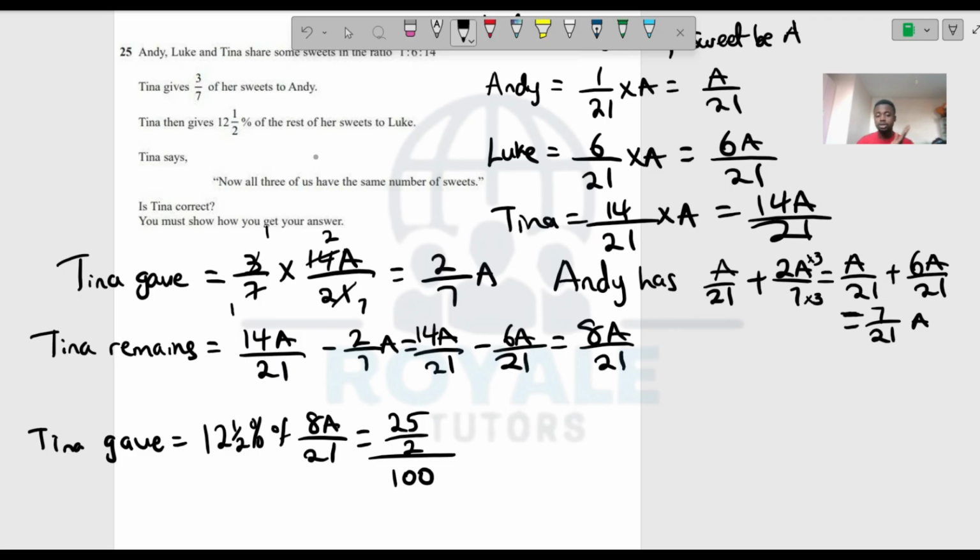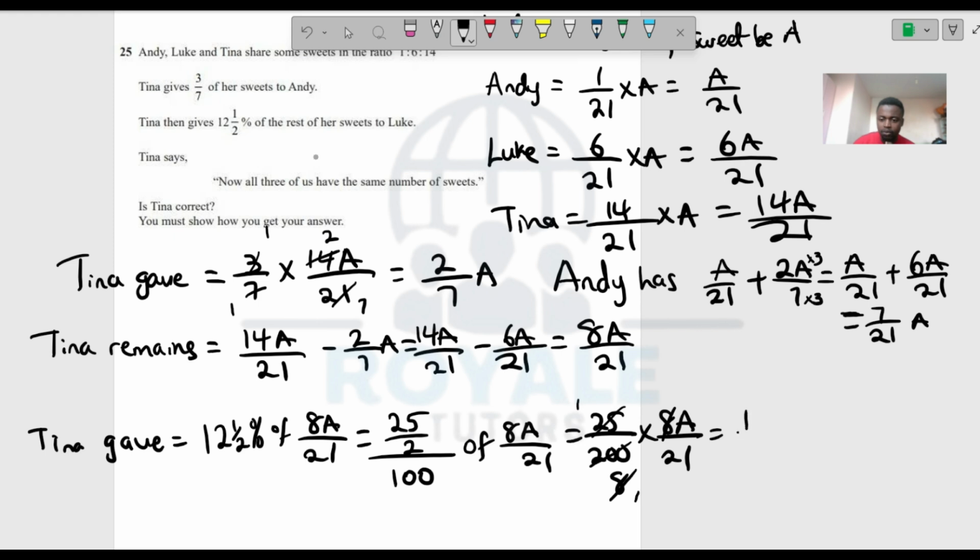Percentage is always over 100, of 8A over 21. And this is saying 25 over 200 times 8A over 21, right? So this 25 here goes one time, here it goes 8 times, then 8 here 1, 8 here 1. That means she gave 1 over 21A to Luke. So Luke would now have, so let me put this in brackets so that we can understand the partition.